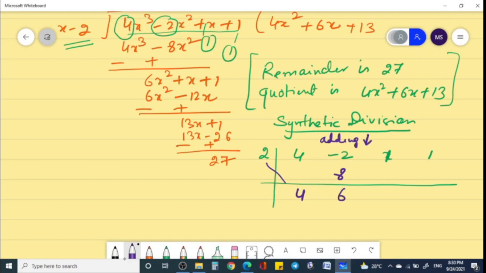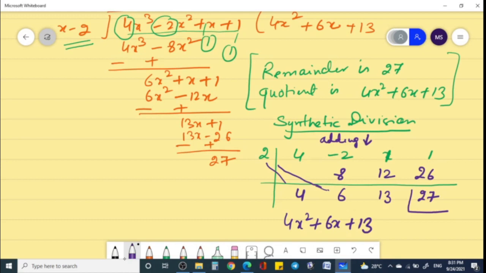Now again multiply 6 by 2, which is 12, and write 12 here and add again; this is 13. Now multiply by 2, which is 26, and add; this is 27. So this is the remainder and this is the quotient 4x square plus 6x plus 13, because there are 4 terms for degree 3 and there are 3 terms for degree 2.